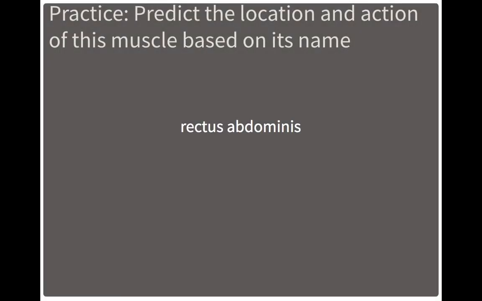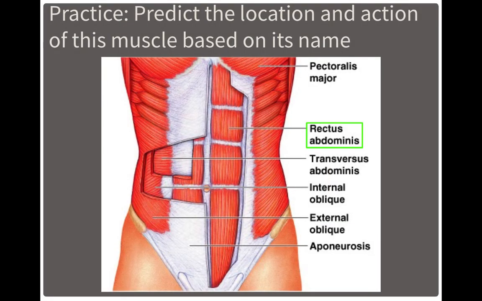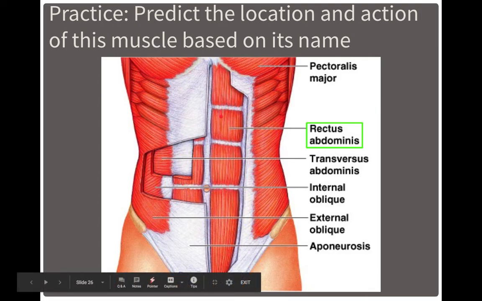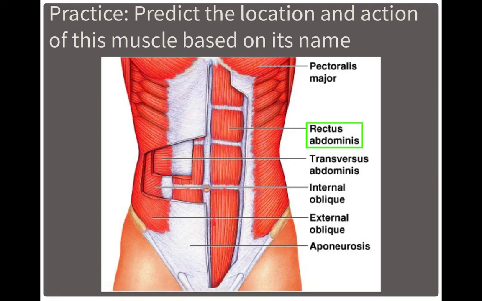Rectus abdominis muscle. So rectus, remember, stands for vertical or erect, and so these muscles run vertically all the way down your abdominal cavity. I do want you to notice, by the way, that the rectus abdominis muscles are deeper.